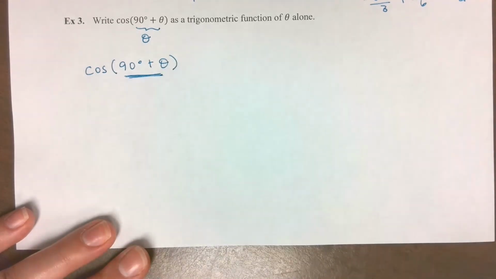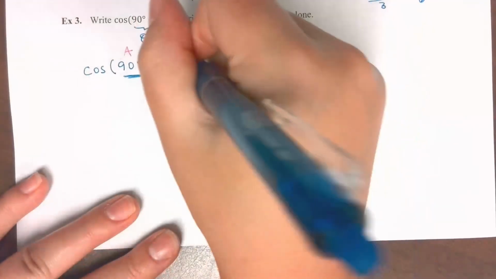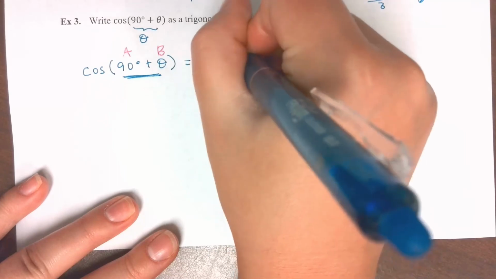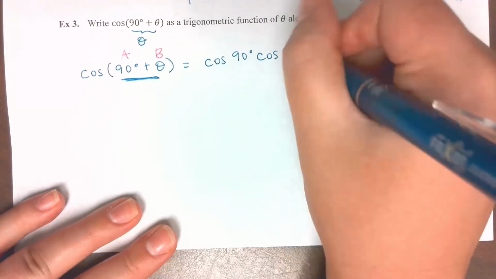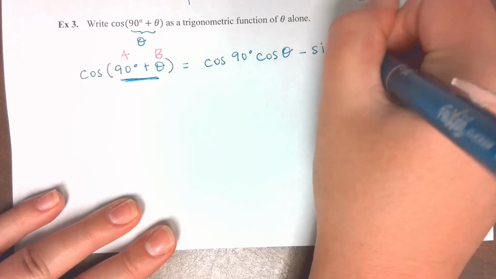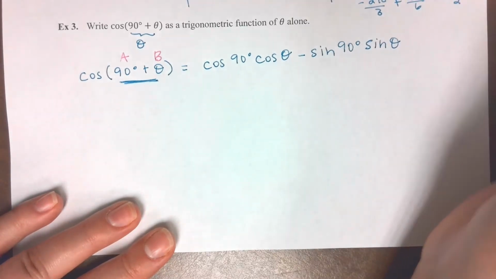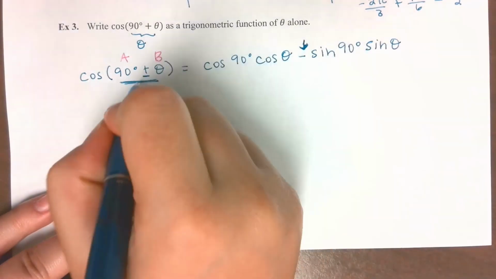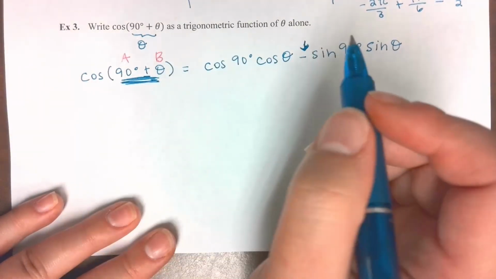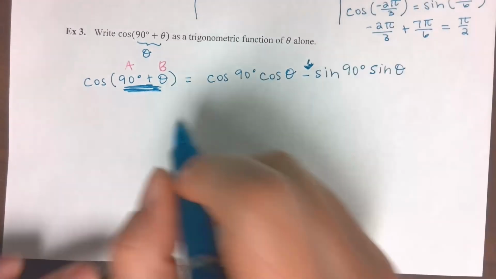So if I let 90 degrees be A and let theta be B, I can rewrite this as cosine of 90 degrees times cosine of theta minus sine of 90 degrees times sine of theta. Remember that this is always the opposite for cosine. So sum identity, you have a minus.